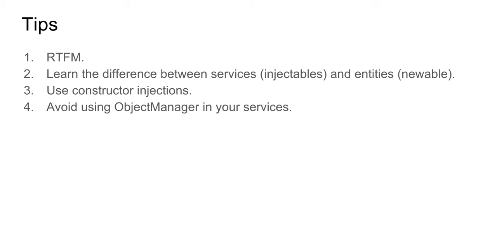Use constructor injection whenever it's possible, and if you need to instantiate a newable object or entity model, for example product, category, customer, inject the corresponding factory and create the object inside your service and provide the required data.